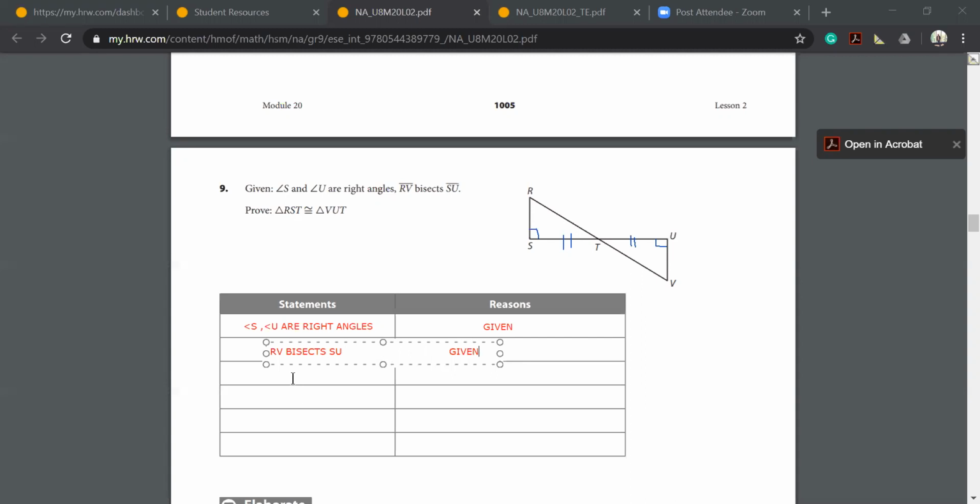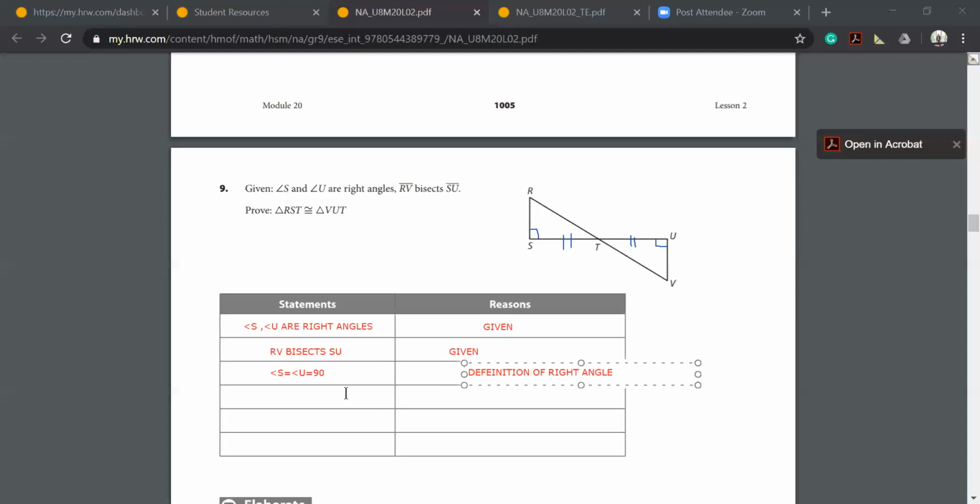Okay, and then let's explain. S and U are right angles. It means that angle S is equal to angle U equal 90. Why? Because this is the definition of right angle.